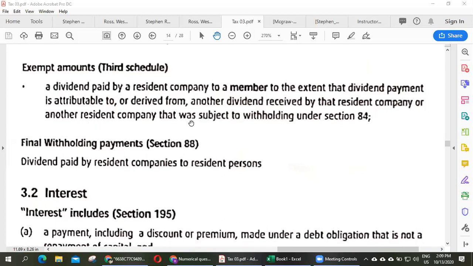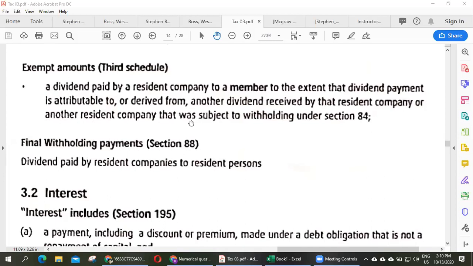Say you discuss in accounting, advanced financial accounting, subsidiaries, holding company and subsidiary company. When a subsidiary company announces a dividend, that dividend goes to the holding company.